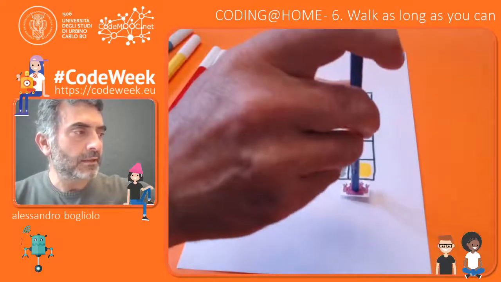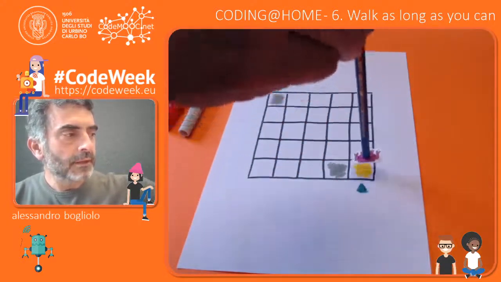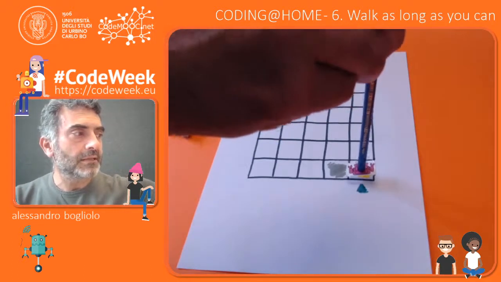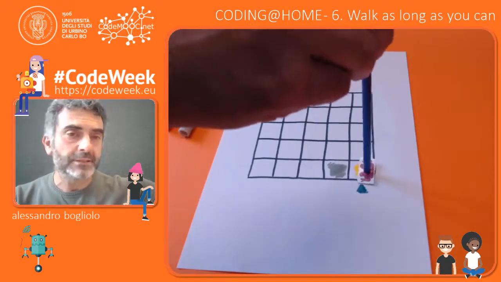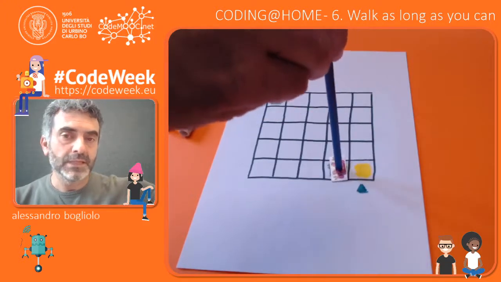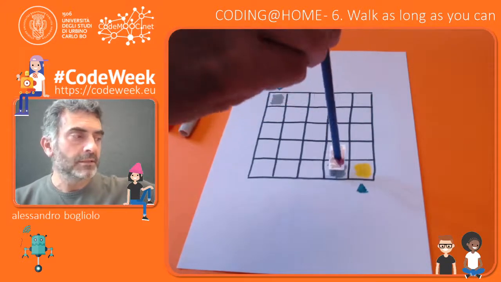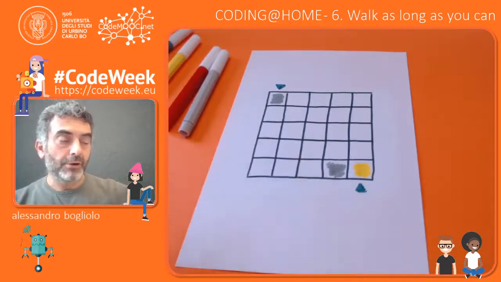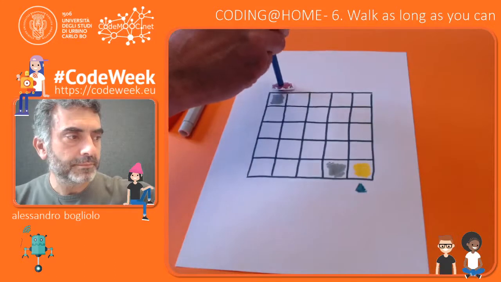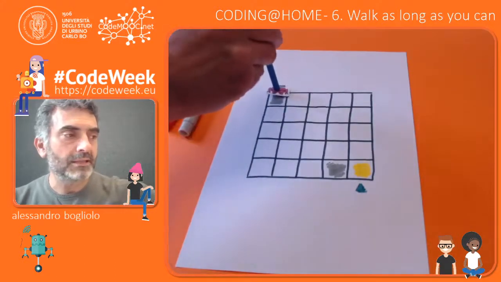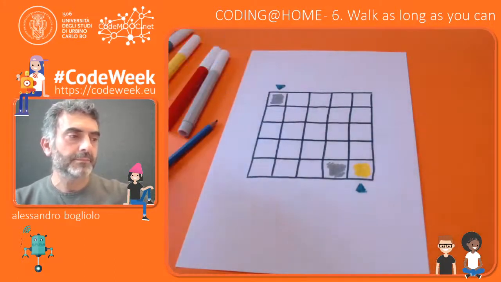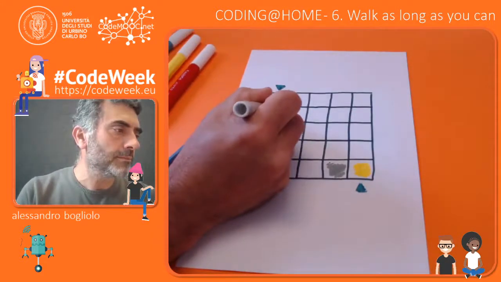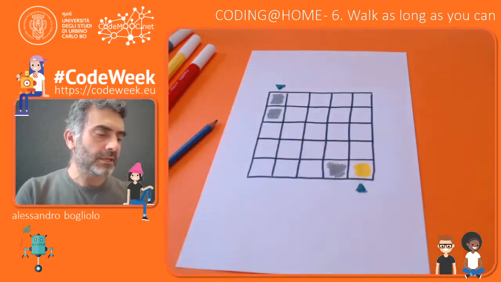So, since Anna used the yellow color for the first box, this means that her robot has to turn left, then move to this other box and go straight. So Anna's next move will be here, while my next move will be here because I decided to go straight over the first box. So I keep going straight ahead.